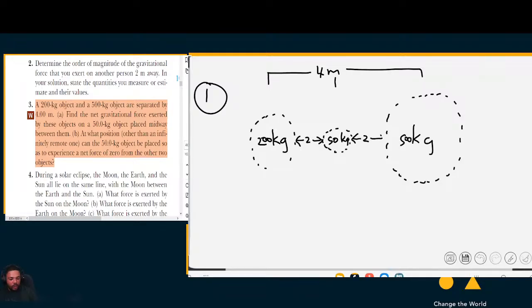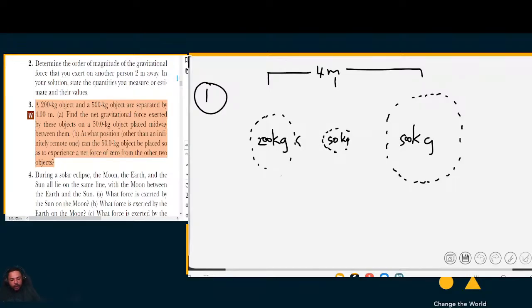In these cases, we consider the mass a point mass. It doesn't have dimensions. The center of the 50 kilogram ball is exactly 2 meters from each of them.